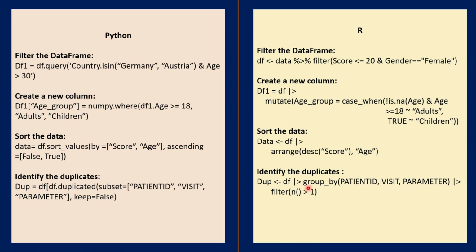So make sure that instead of greater than 1, you keep it as equal to 1, and here also the same thing. Make sure that you keep a tilde in front of df here inside the square brackets. So this will help you to list all the non-duplicate data.